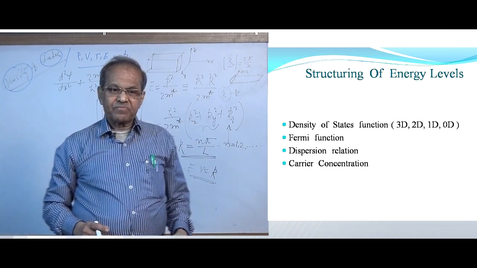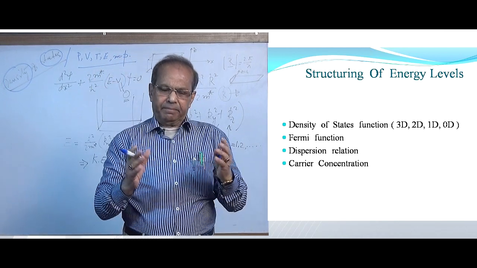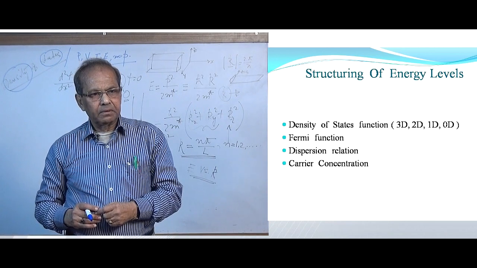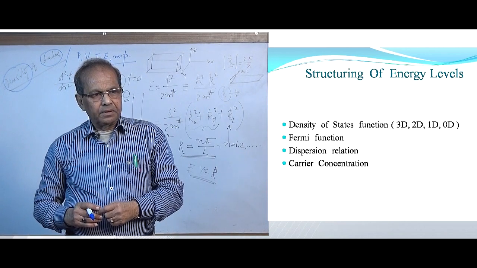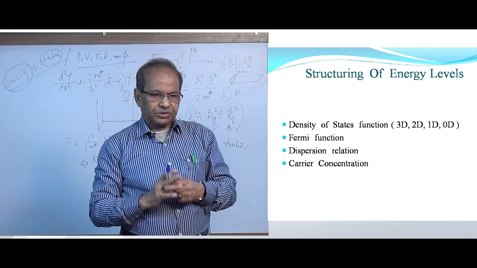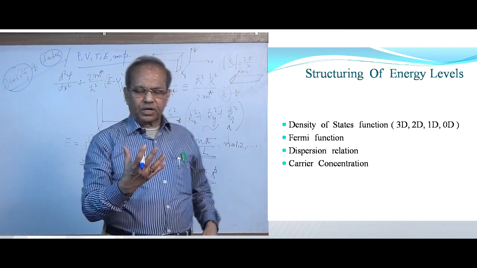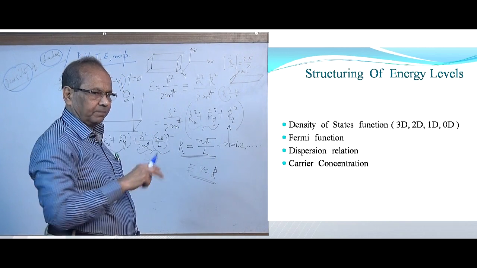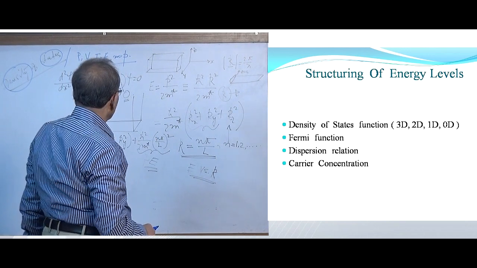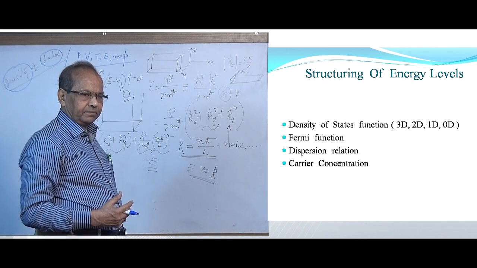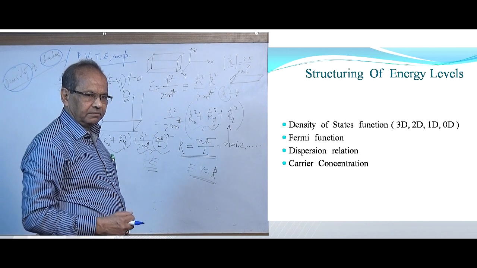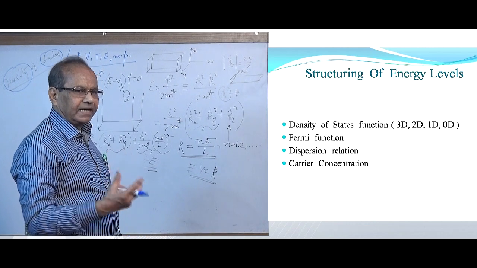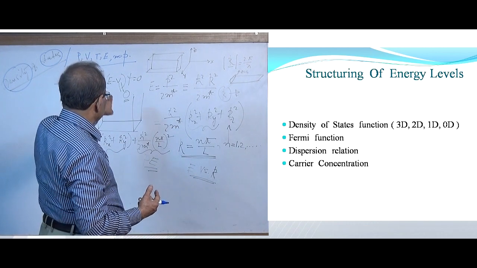I mean, suppose I am taking a metal or a semiconductor. There are so many electrons. What is the total volume, the space occupied by all these particles? What is the momentum of an individual particle, or the average momentum? What is the total energy of the electrons inside the system?